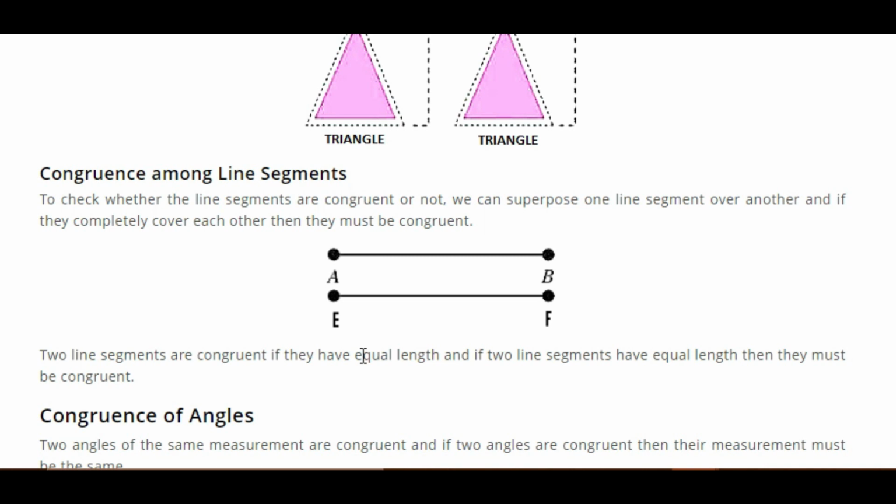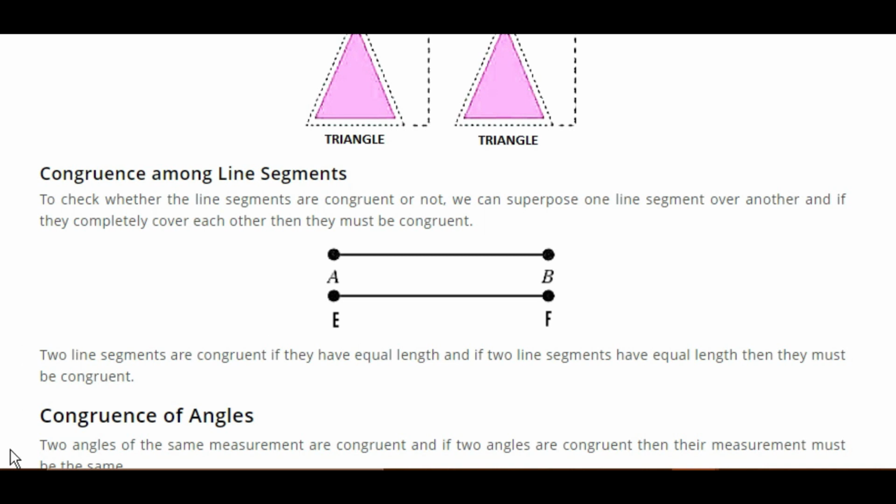To check whether a figure is congruent or not, we superpose the figures on one another, and if it covers completely from both sides, then the figure is called congruent. So for line segments, if the measures of two line segments are equal, then the two lines are said to be congruent.